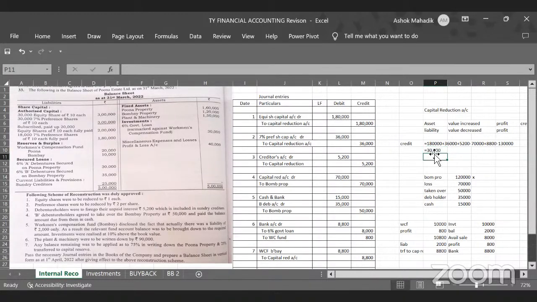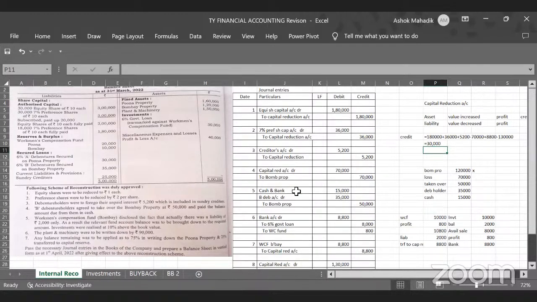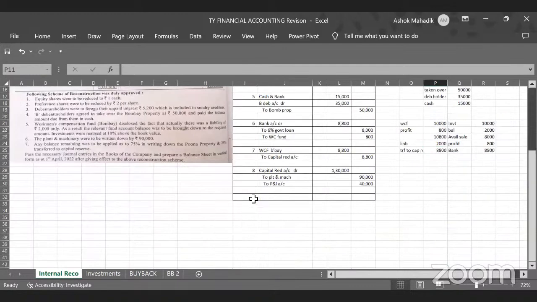Now they have told me that out of the 30,000, put 75% to write off Pune property and 25% transfer to capital reserve. So I'll do that. I'll pass the entry here. I have to utilize capital reduction account, right? So it will be debited. Ninth entry.